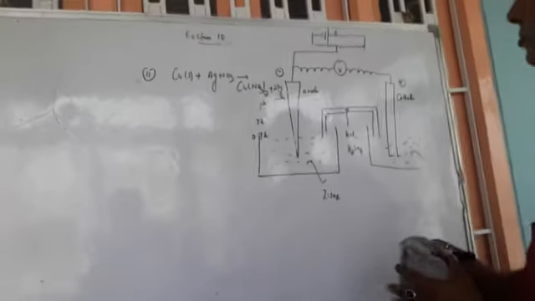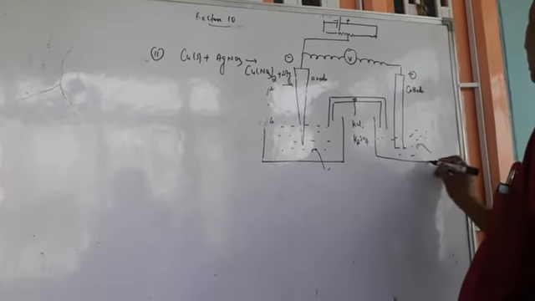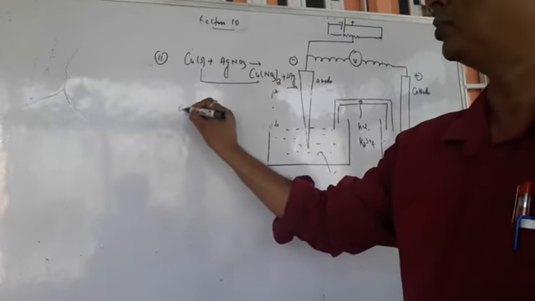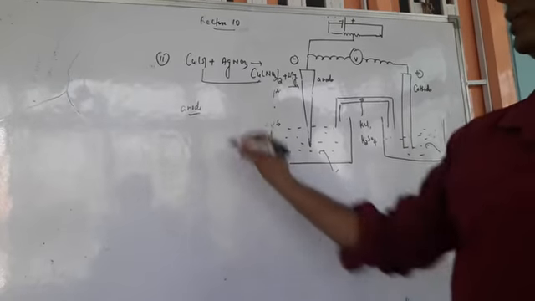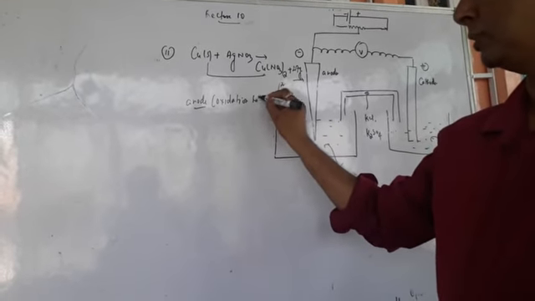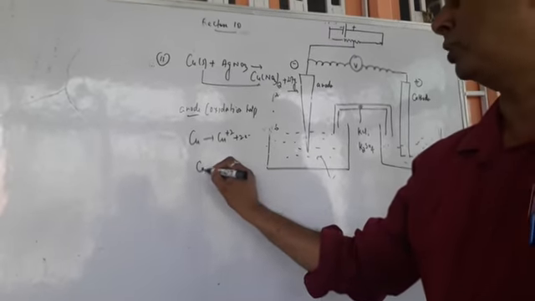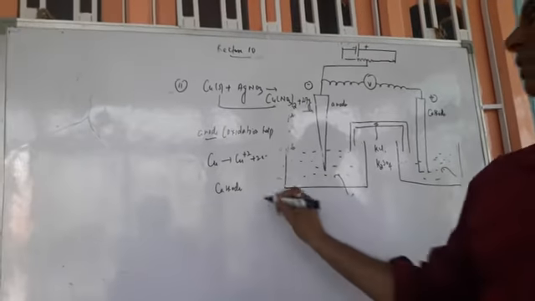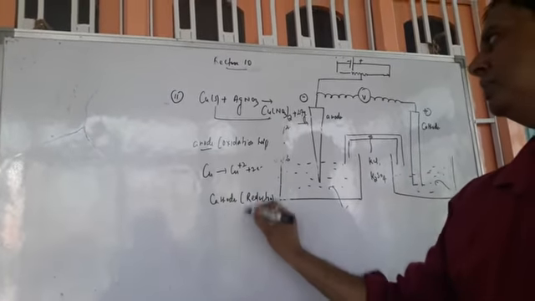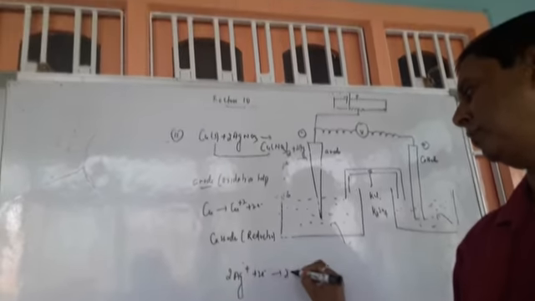In this cell reaction, copper undergoes the oxidation half at the anode due to the release of electrons, so the anode is copper. The cathode is the reduction half, so the cathode is silver: 2Ag+ plus 2 electrons forms 2Ag.